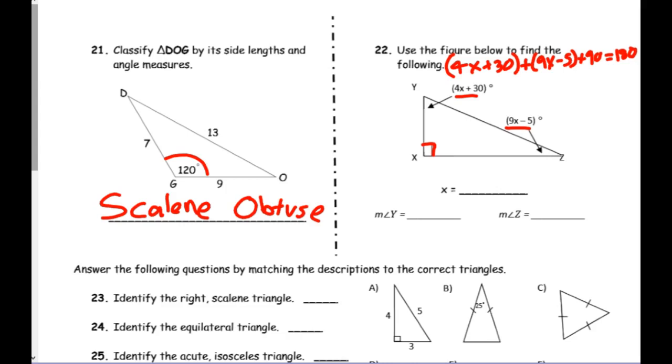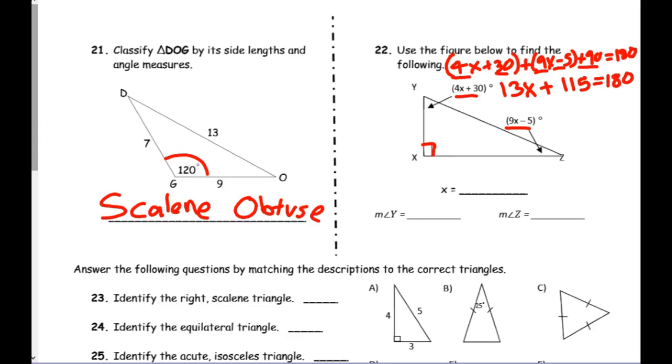Alright, so we got 4x and 9x. That's 13x. Then we got 30 minus 5 is 25, plus 90 is 115.